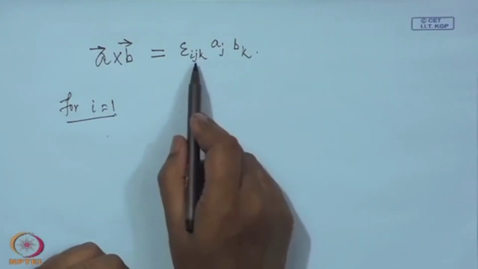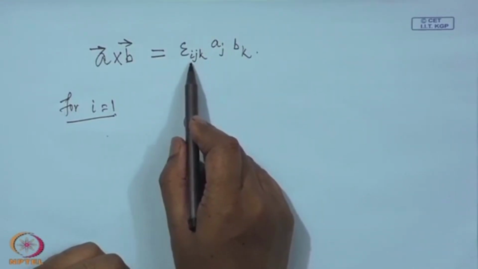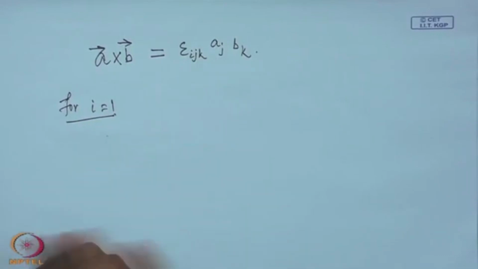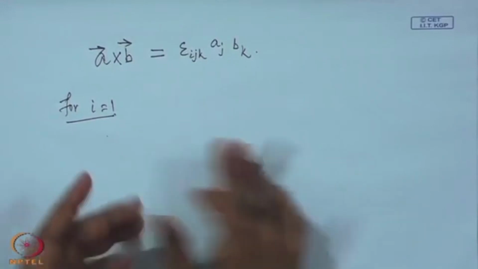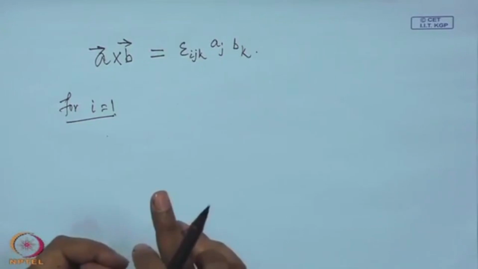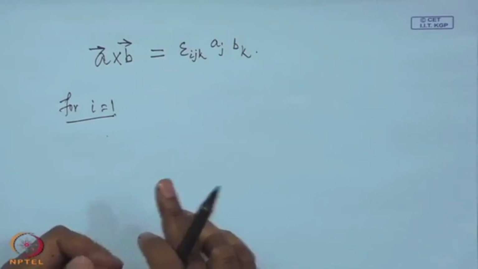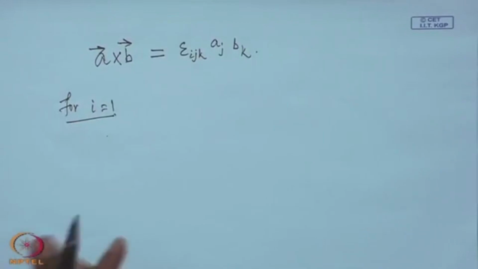First of all, think what the non-zero components are. Looking at epsilon ijk, if i equals 1, then j and k cannot be 1, because that means 0. There are two possibilities, j equal to 2 or 3 and k similarly 2 or 3. And of course, j and k have to be different, because if j and k become the same, epsilon ijk will again become 0. So, when j is 2, k is 3, and when j is 3, k is 2.